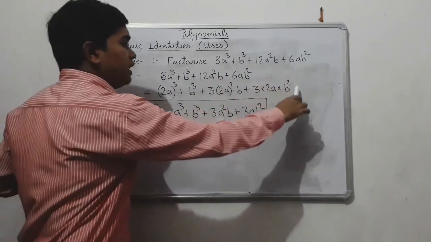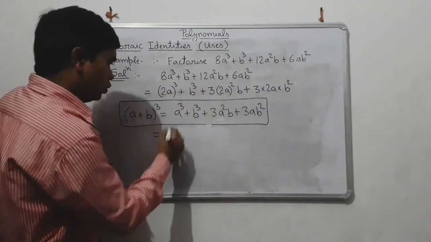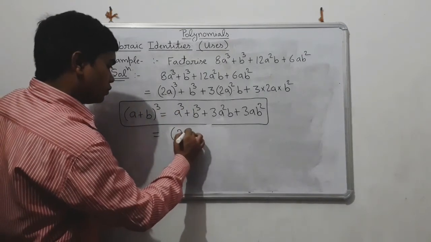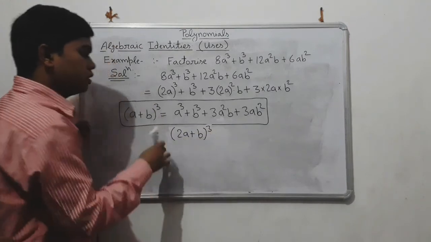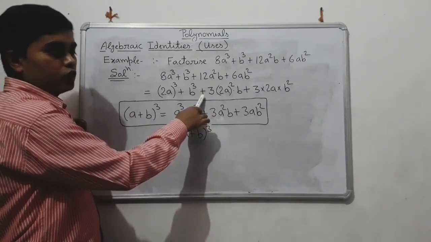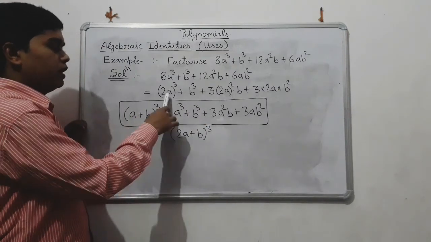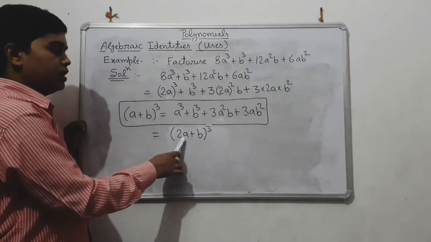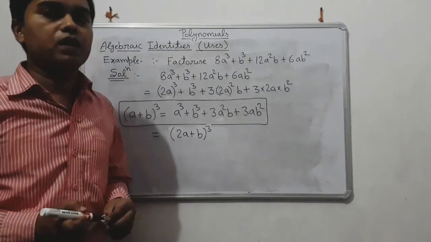So it means we can say this is the formula of (2a plus b) whole cube. So here you can write (2a plus b) whole cube, because when you compare the right-hand side with your question you get the formula of (a plus b) whole cube, and here we have 2a in the place of a and b in the place of b, so it means the answer is (2a plus b) whole cube.